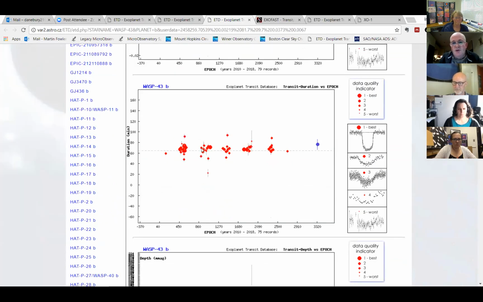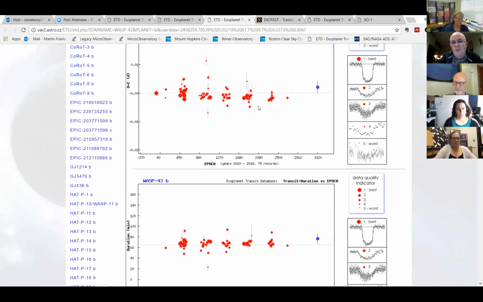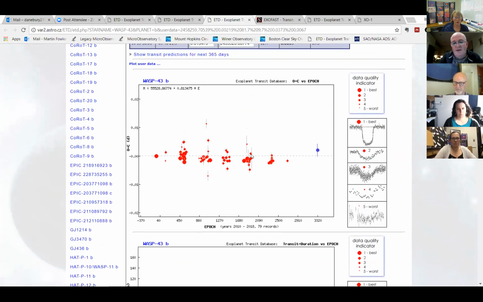You also look at what the duration of the transit is, so you can see changes in the duration sometimes. I should go back to, of course, the transit time: if you've got another planet that you can't actually see, you get things called transit time variations, and that can start affecting the actual observed compared with the calculated time of the transit.